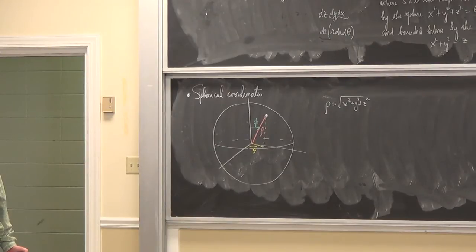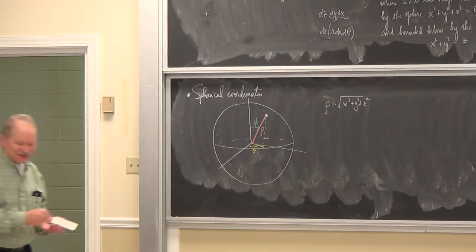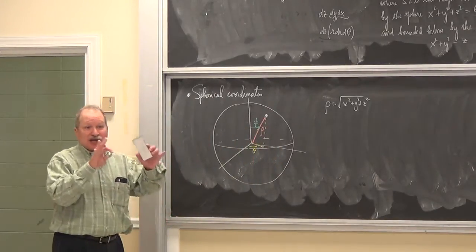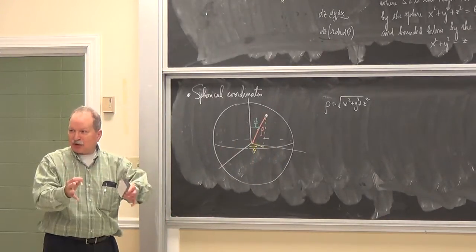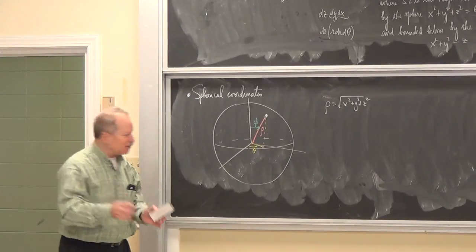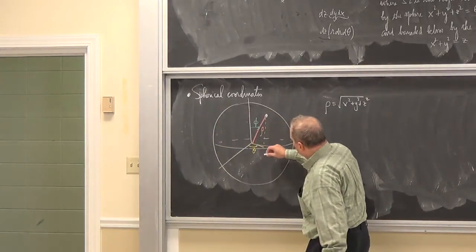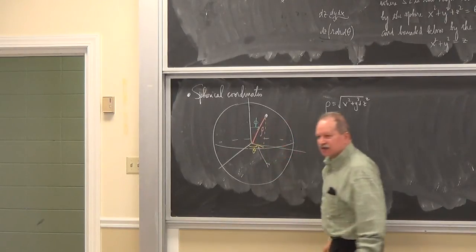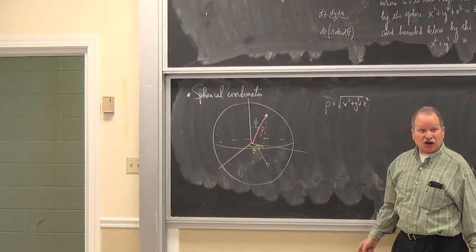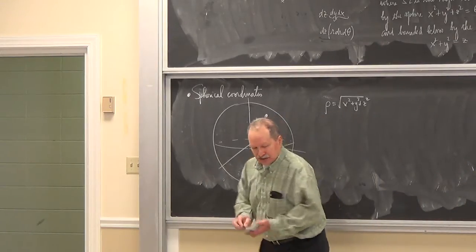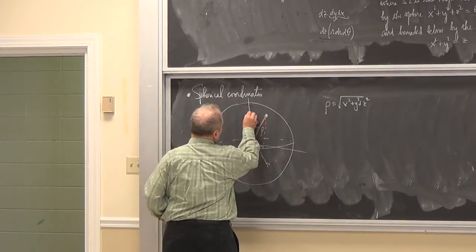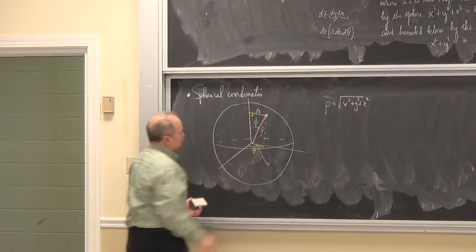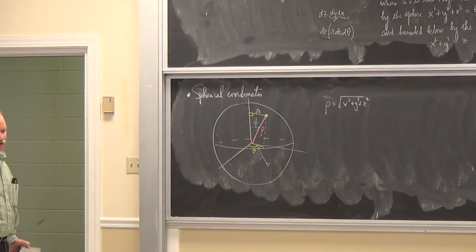The physicists call that phi. My view is, you guys are used to polar coordinates. I want to keep polar coordinates as polar coordinates and not mess you up. So in our polar coordinates picture, this length here would be r, right? The distance from the origin in the plane is r. So I could actually make myself a nice little right triangle here and put r here, just to help me.